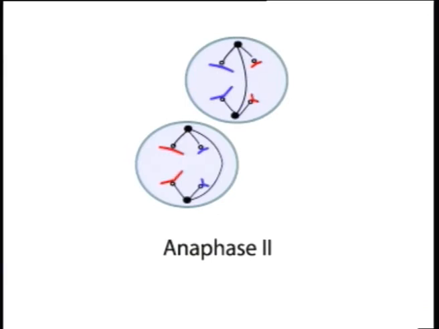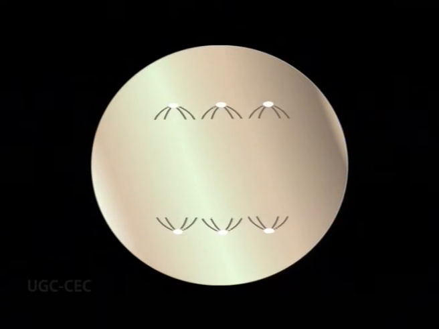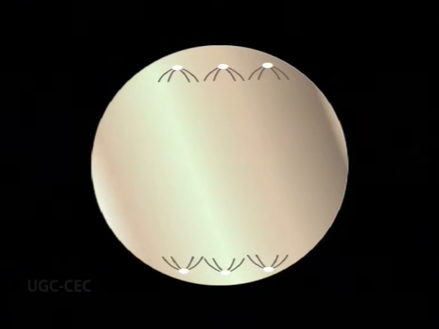In Anaphase II, the centromeres are cleaved, allowing microtubules attached to the kinetochores to pull the sister chromatids apart. The sister chromatids, by convention, are now called sister chromosomes as they move toward opposing poles.